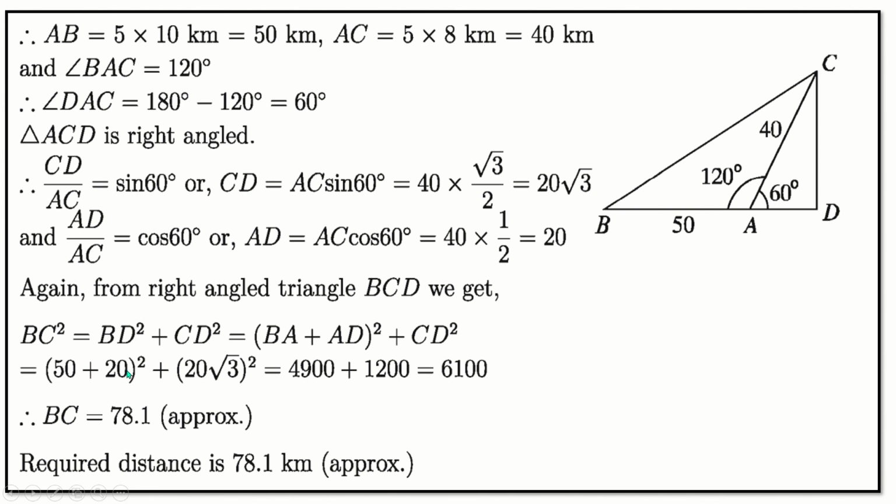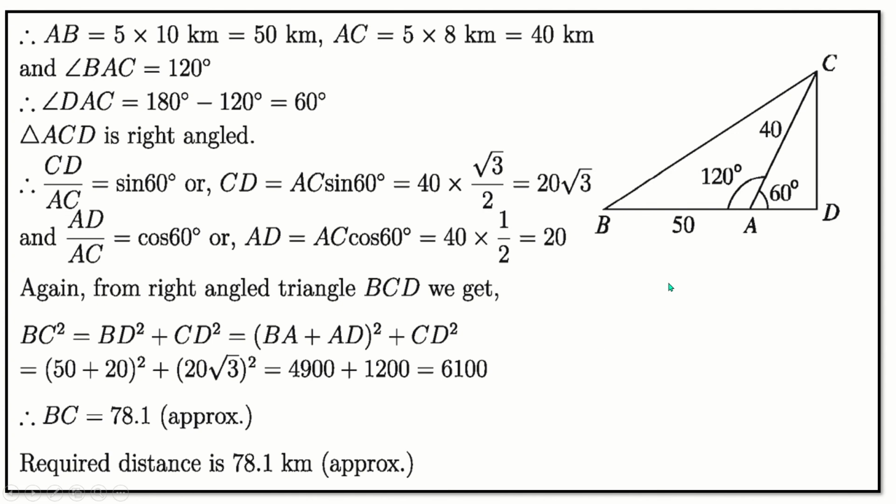Now calculate, we will get 4900 plus 1200 is equal to 6100. Therefore BC is equal to square root of this. Therefore the required distance is 78.1 km approximately. This is the required answer.